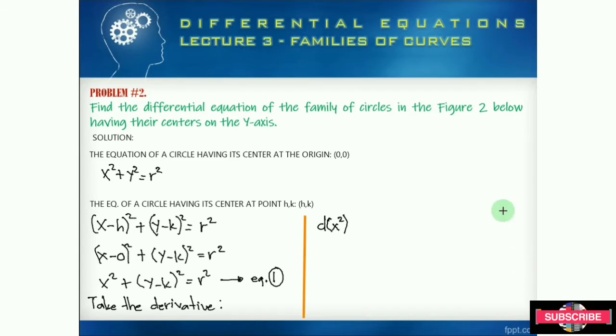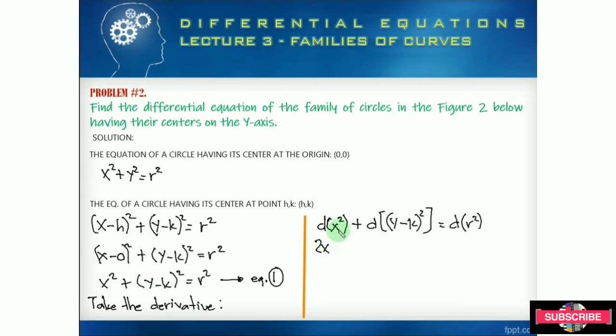We have to erase this one, and then proceeding, the derivative of our x squared plus the derivative of our y minus k squared, and then equal now to the derivative of our r squared. Okay, so taking the derivatives of this equation, we have here 2x. The derivative of x squared is 2x.